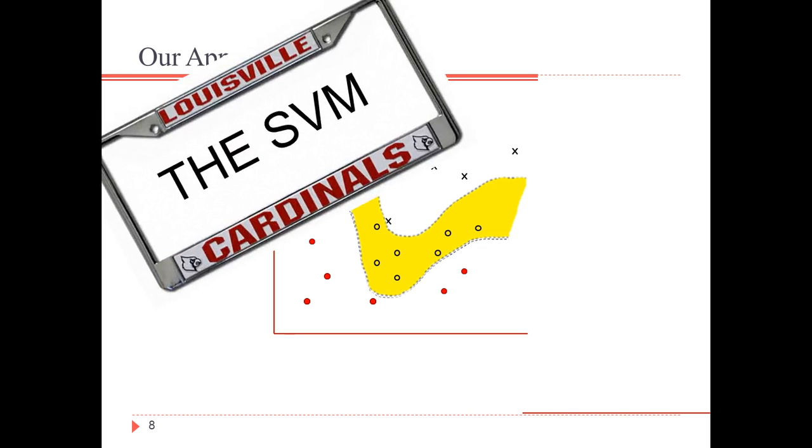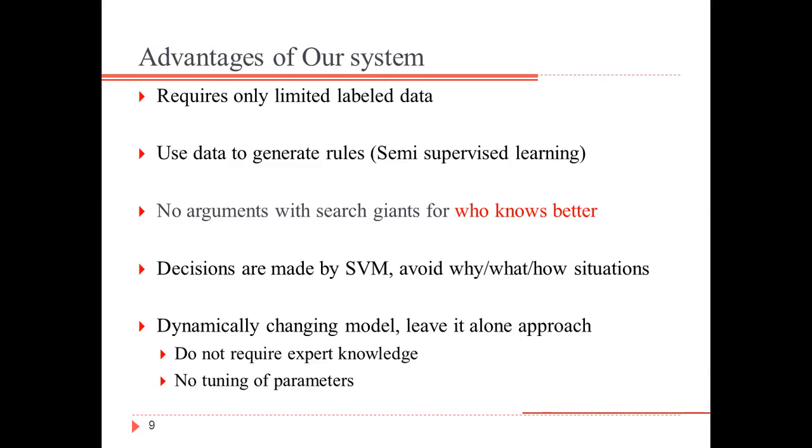Based on these limited data, we can build a classifier system using a technique called support vector machines. There are many advantages for using support vector machines, or SVMs, and I would like to name a few. First, it requires only limited labeled data.